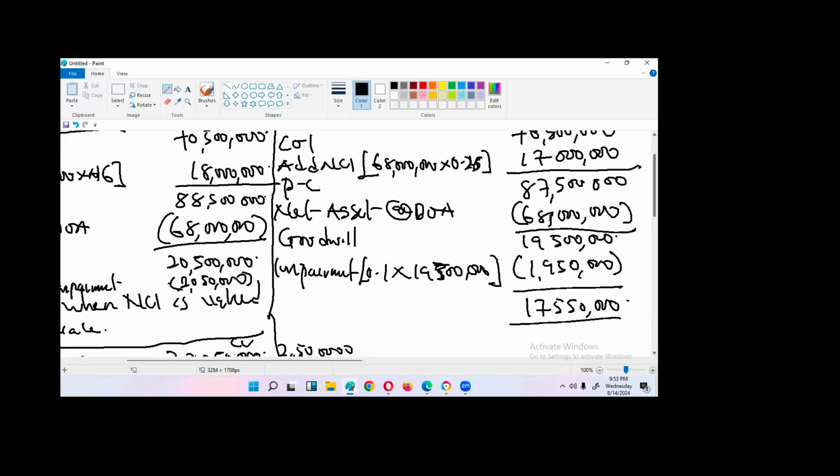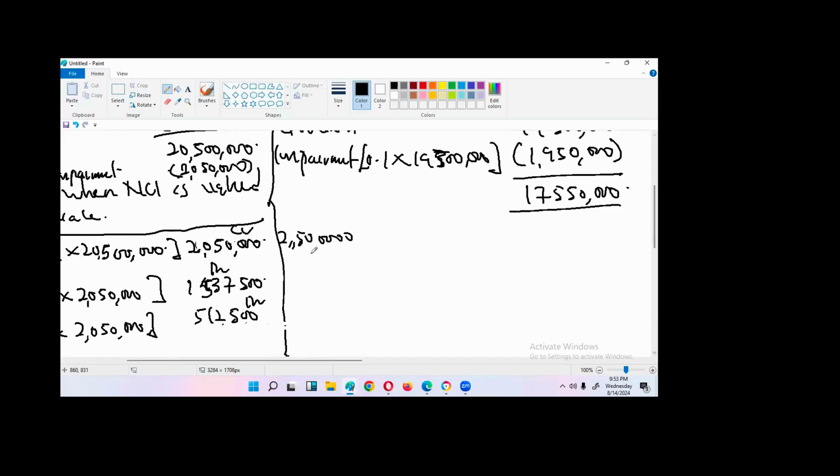So the treatment of impairment now: goodwill will be credited.